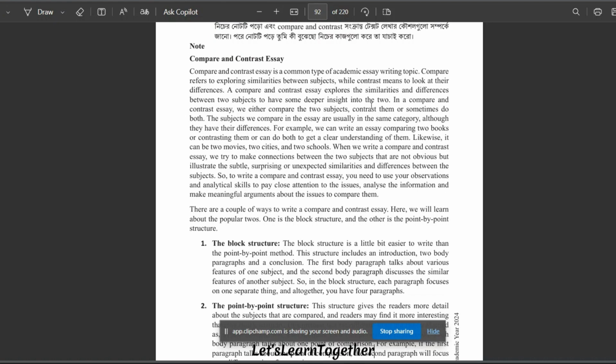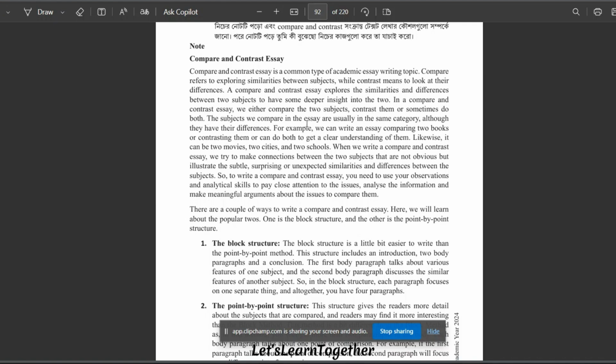All right. So in a compare and contrast essay, we either compare the two subjects, contrast them, or sometimes do both. That means either we will be finding out the similarities between two subjects, or the dissimilarities between two subjects, or we will do both.